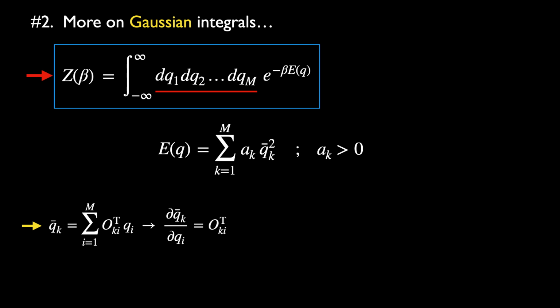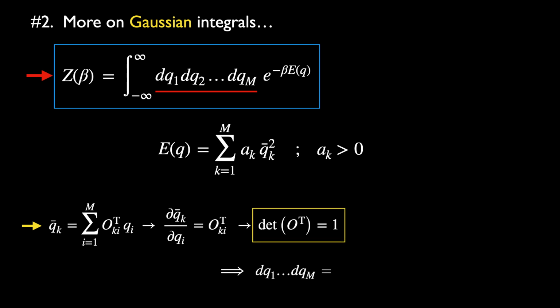Since O, and by implication O transpose, are both orthogonal matrices, this implies that the Jacobian, which is the determinant, must be equal to 1. This is easy to see by taking the determinant of the orthogonal condition. Thus the integration element is unchanged by the change of variables.